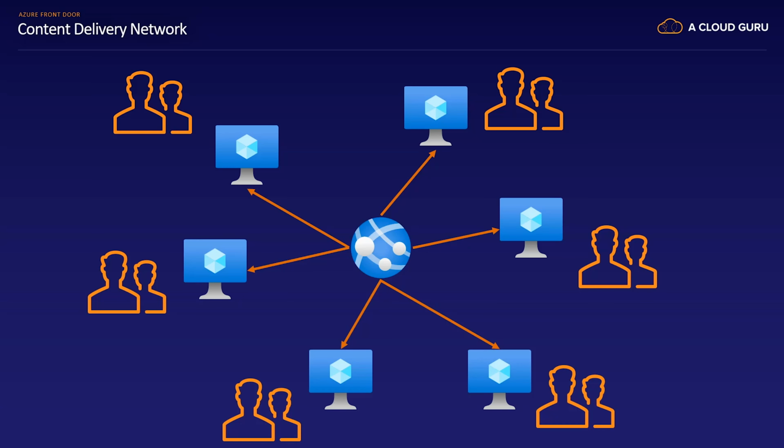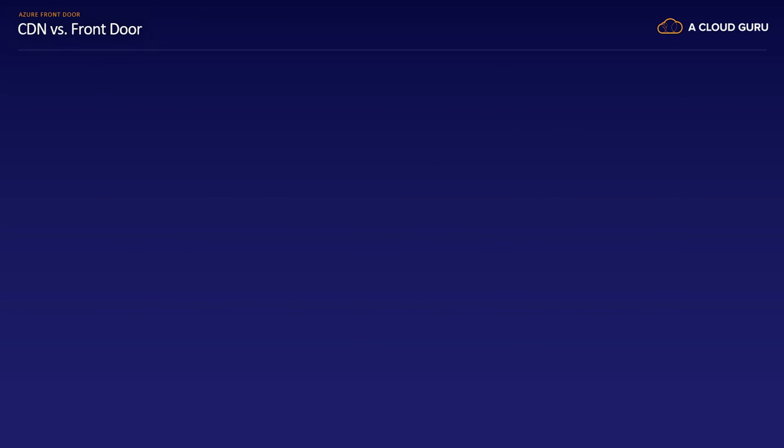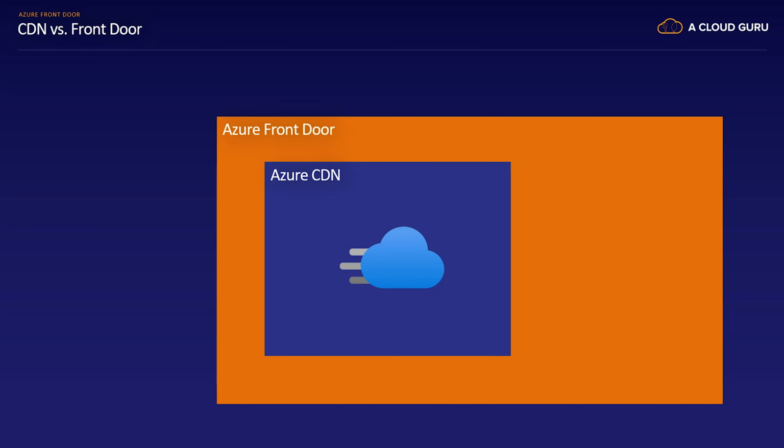Your users will wait a lot less, and that is good. Azure has a CDN product, but they also have Front Door. Front Door has a CDN feature built in, but it also does global load balancing to route traffic to different regions when needed, super easy integration with services, real-time analytics, and a bunch more.